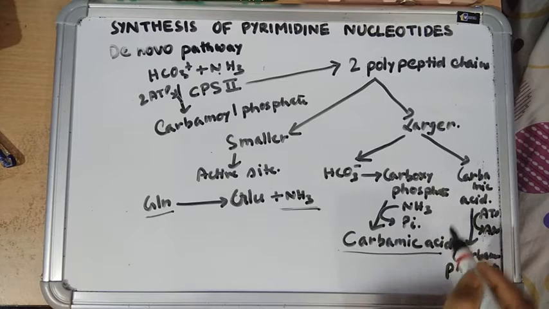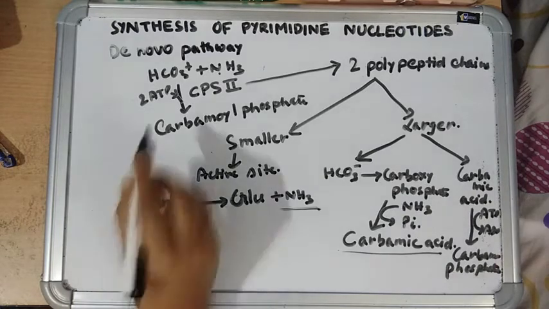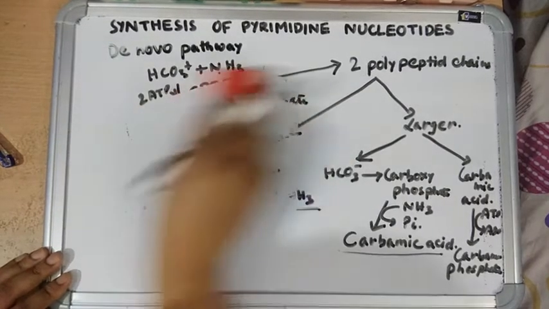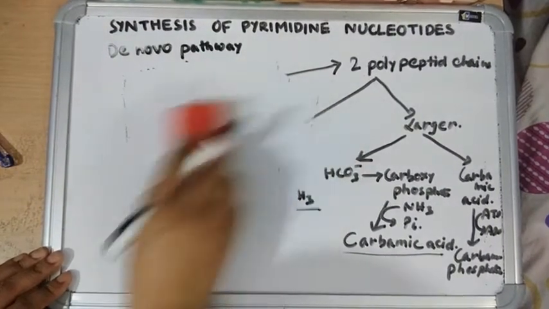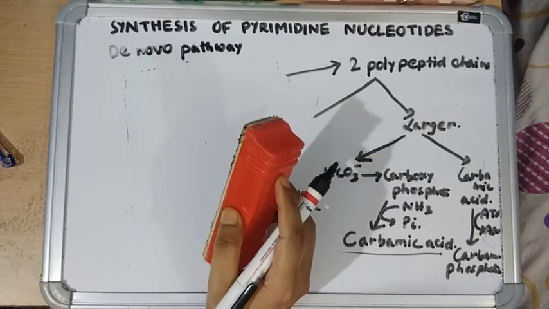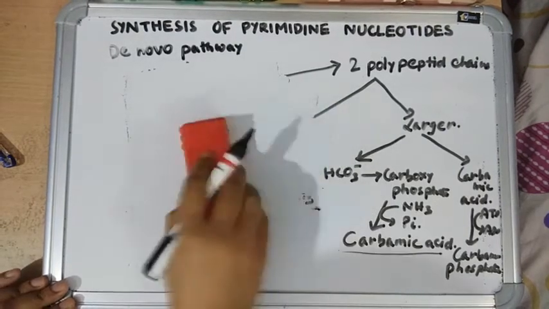This carbamic acid goes to another active site, and there is another phosphorylation with the help of ATP to form carbamyl phosphate. So 2 molecules of ATP are required. The advantages of this arrangement are that intermediates generated at one active site are captured with no loss by diffusion, and labile intermediates such as carboxyphosphate and carbamic acid are protected from hydrolysis.